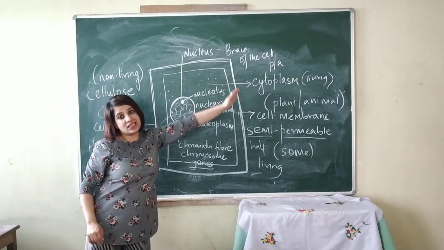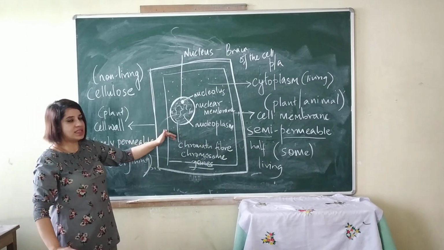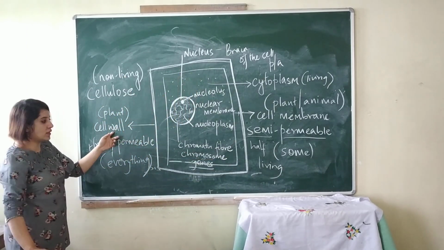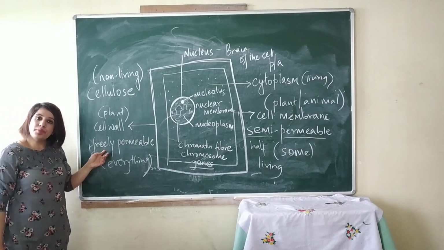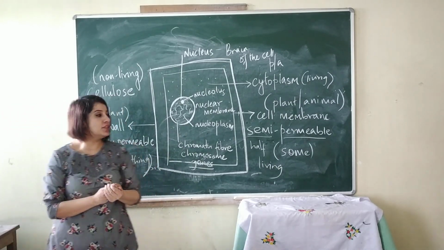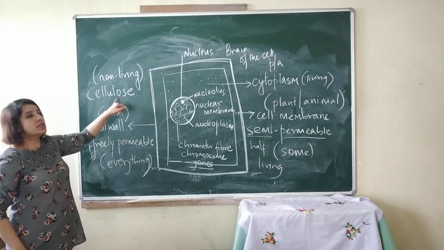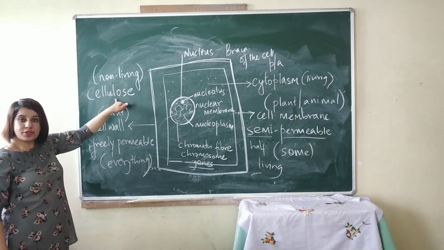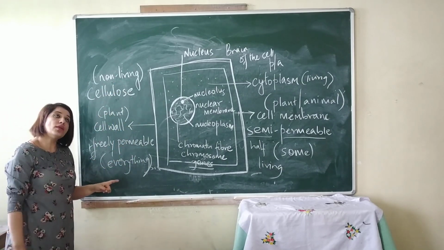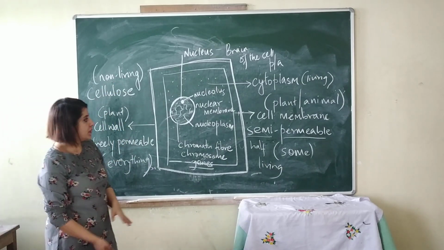In a plant cell, besides the cell membrane, we find another membrane called the cell wall. It is a freely permeable membrane. That means it allows everything to pass through it. It is composed of a non-living substance called cellulose. Hence, the cell wall is a non-living membrane.